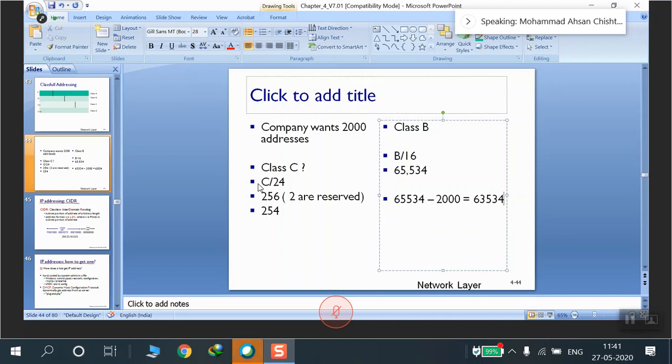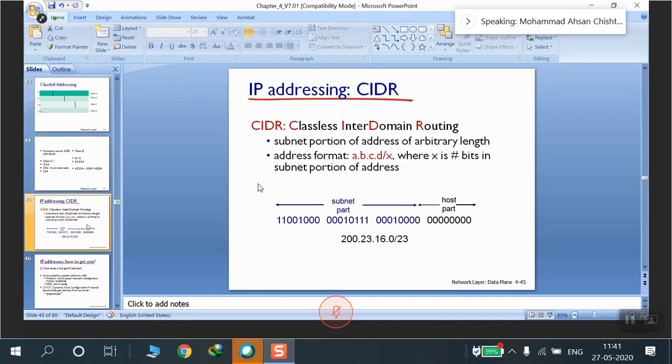Because of this problem, in 1993, IETF standardized on classless addressing known as CIDR, classless interdomain routing. Till now we were studying classful. Now we have classless interdomain routing, which says that the subnet portion of the address can be of any length.